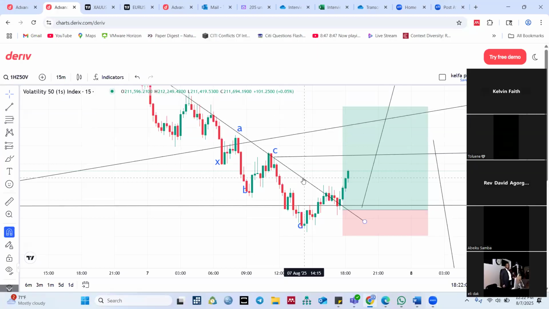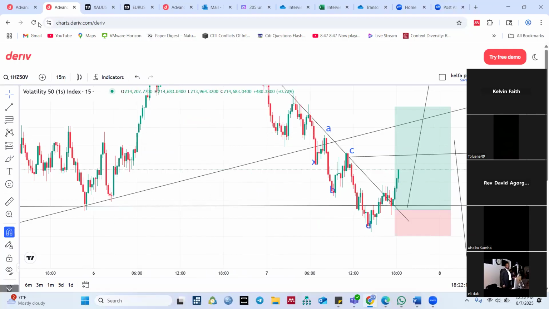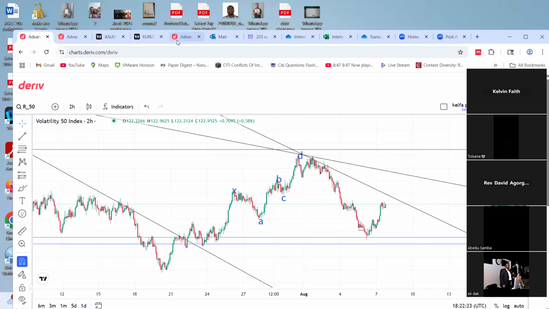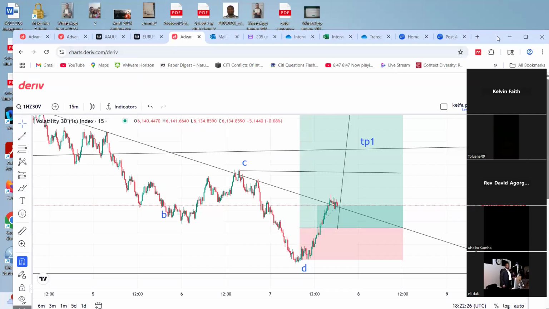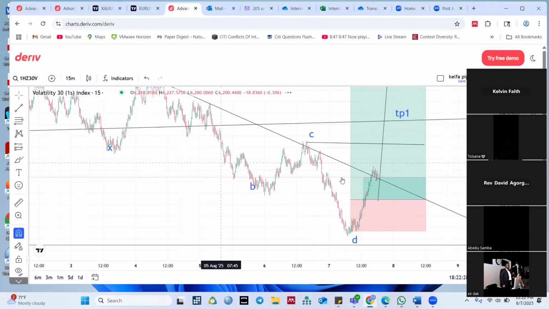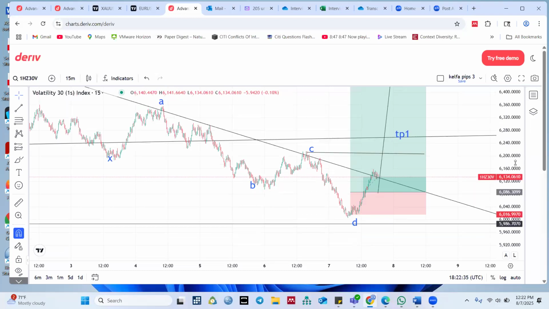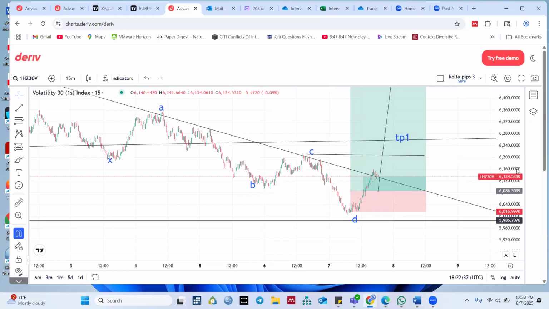Perfect. So let's go to the chart. This is the chart for Volatility 31S.